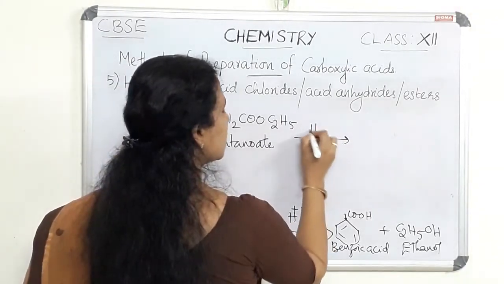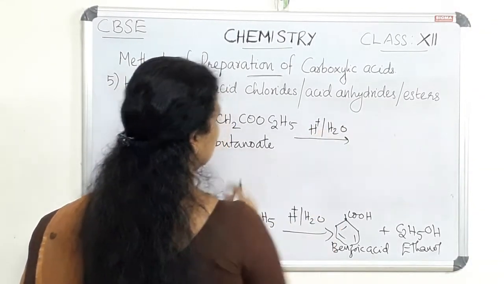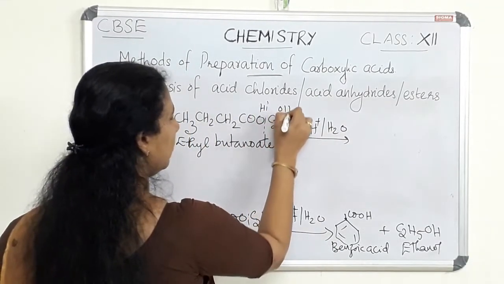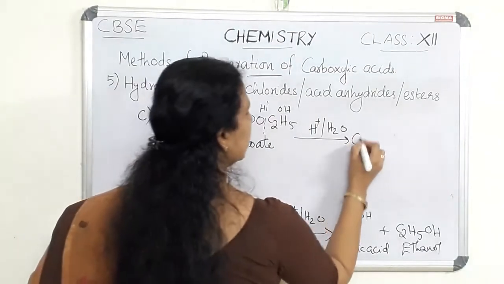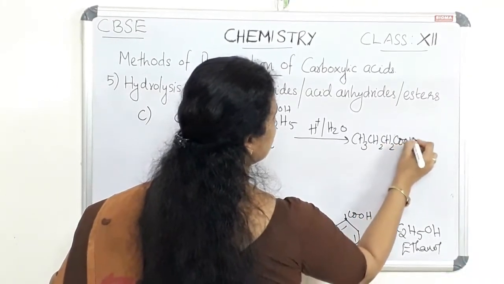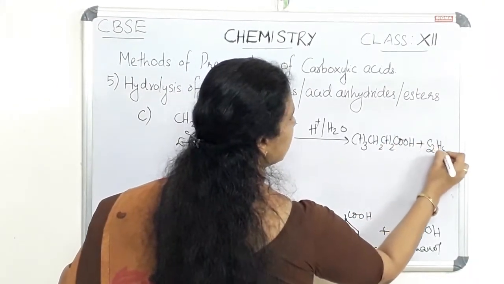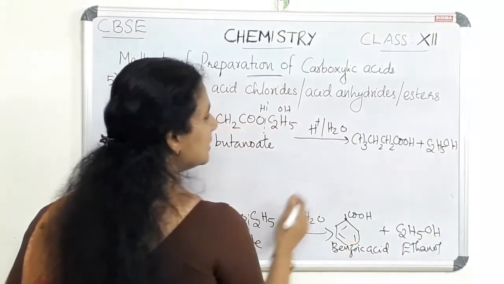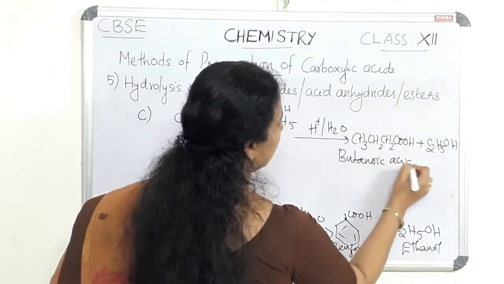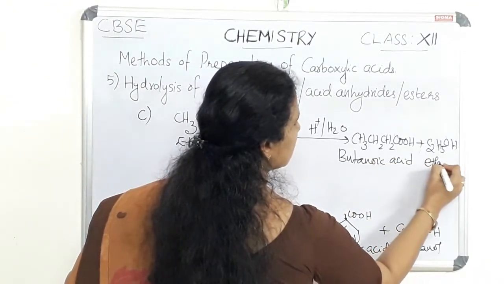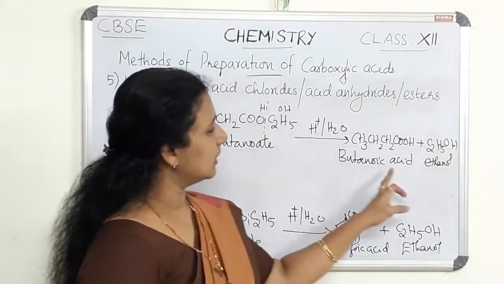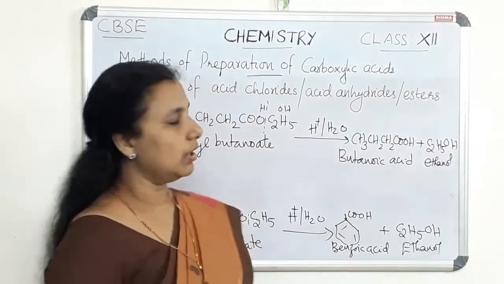So upon hydrolysis, H will be attached here, OH will be attached here. We will get CH3CH2CH2COOH plus C2H5OH. So this is butanoic acid and this is ethanol. So this is the product. So when esters undergo hydrolysis, the corresponding acid and alcohol are formed.